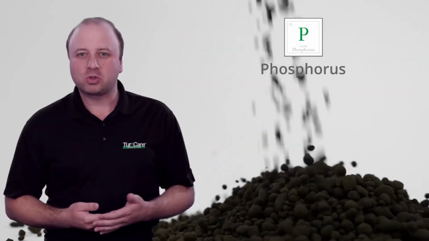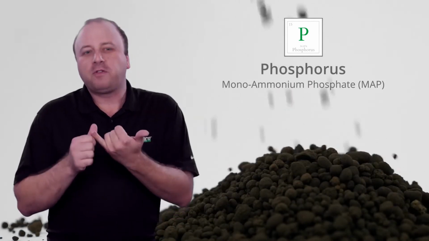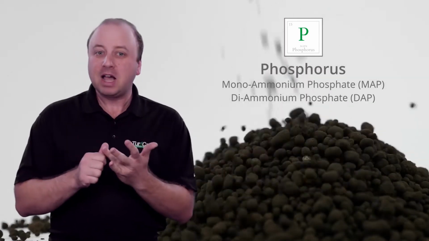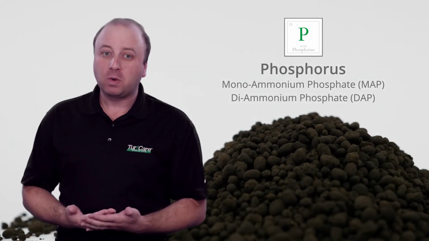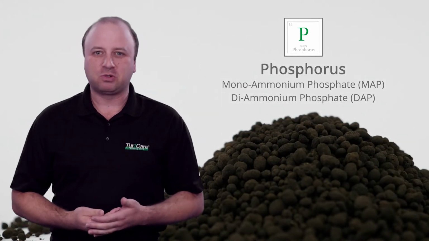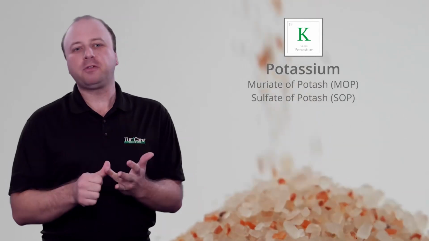Let's look at phosphorus for a few seconds. The two most common sources of phosphorus in fertilizers are monoammonium phosphate, often called MAP, and diammonium phosphate, often called DAP. Note that both raw ingredients are also sources of nitrogen. Common sources of potassium include muriate of potash, often called MOP, and sulfate of potash, often called SOP.